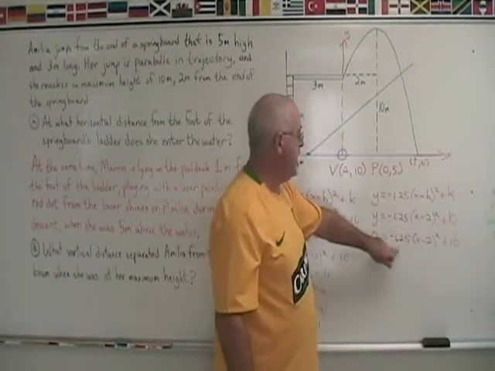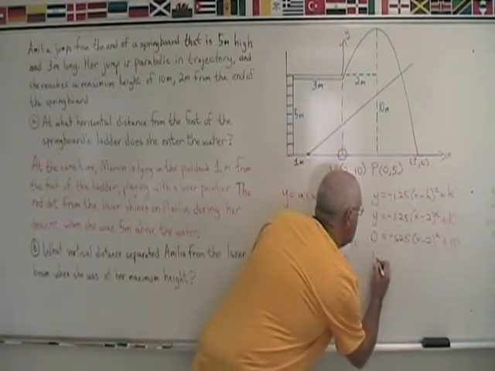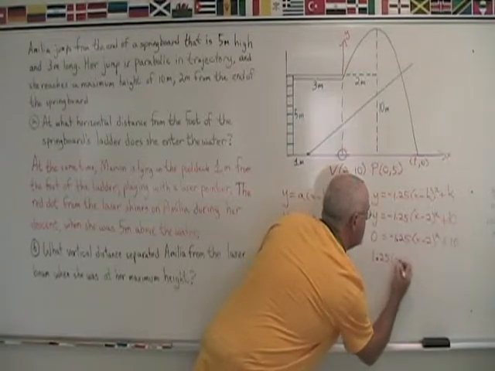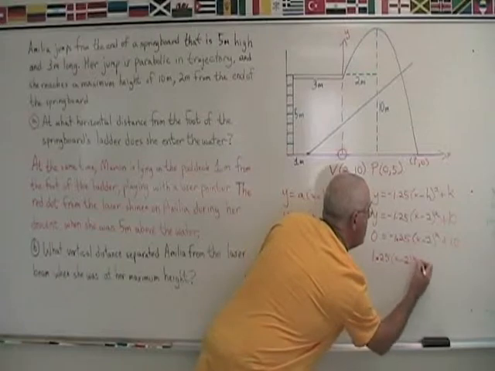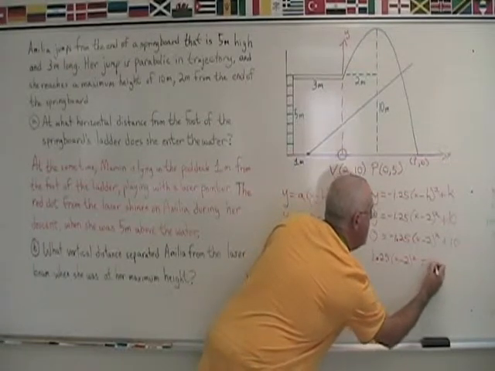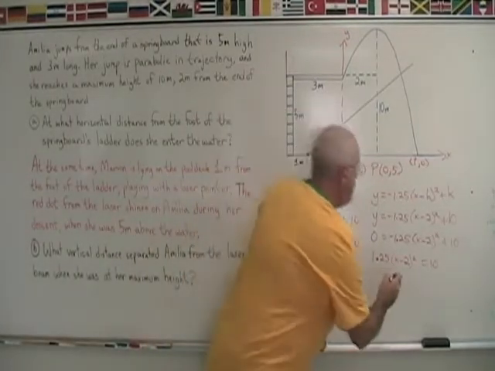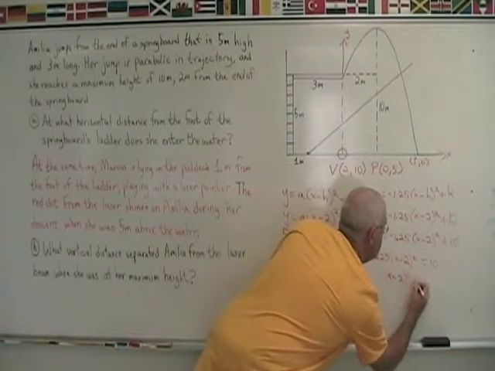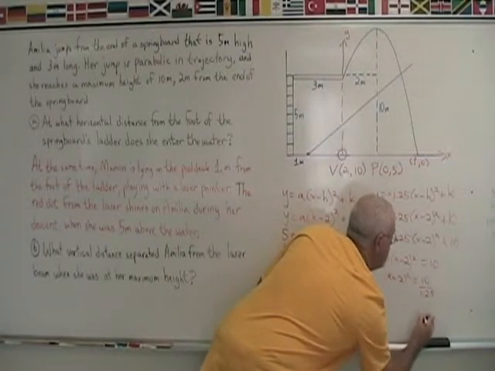Moving the expression negative 1.25(x minus 2) squared to the left of the equals, I get positive 1.25(x minus 2) squared equals 10. (x minus 2) squared, therefore, is equal to 10 divided by 1.25, which is 8.